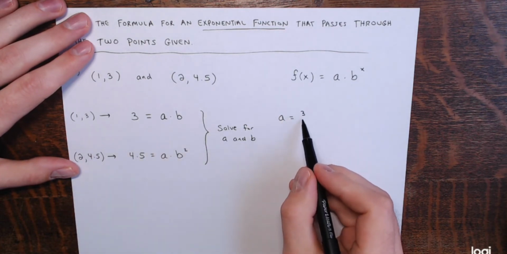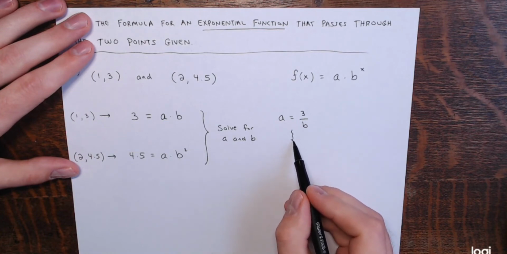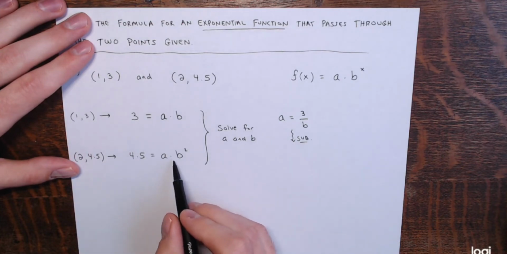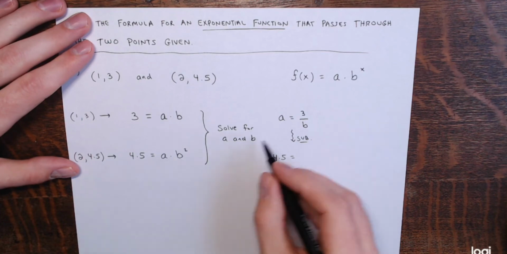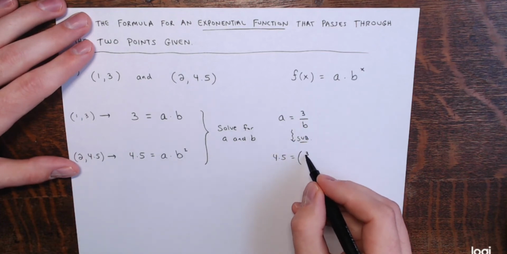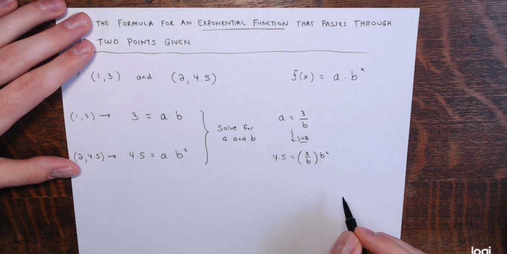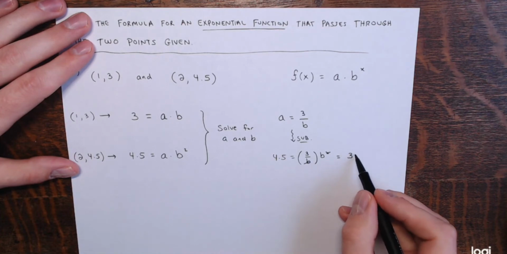And then I substitute into this equation where we have 4.5 equals a, but I'm replacing a with 3 over b times b squared. And then we see one of the b's canceling. So this is just 3 times b.